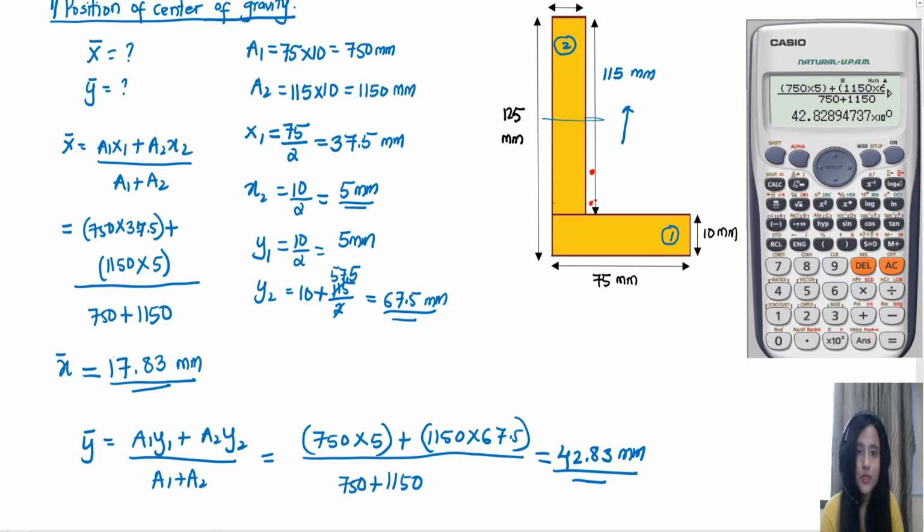So if I delete this, my x-axis will be passing from here, and y from this point here.